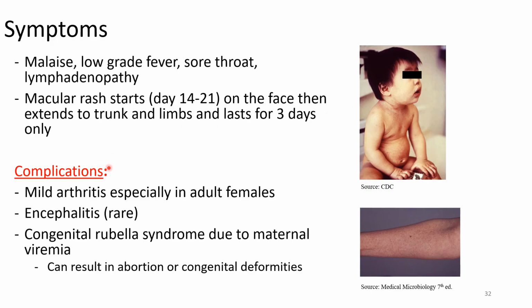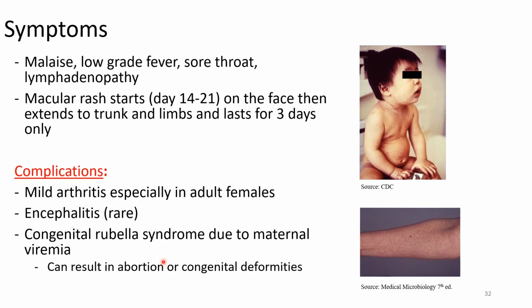Now, complications, as we mentioned, the virus can spread to the joints and cause arthritis, particularly common in adult females. Encephalitis is rare. The most dangerous complications happen in pregnant women. This is called the congenital rubella syndrome due to maternal viremia, and this can result in severe congenital deformities and can result in abortion.